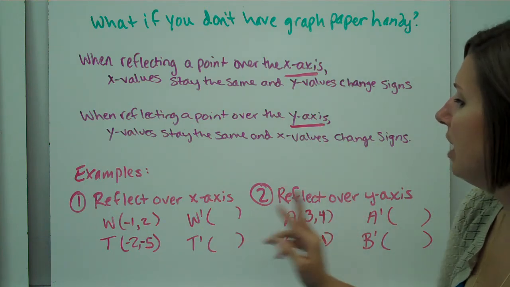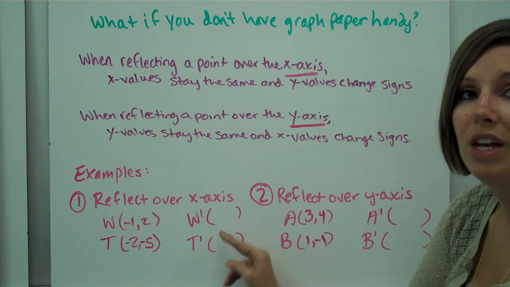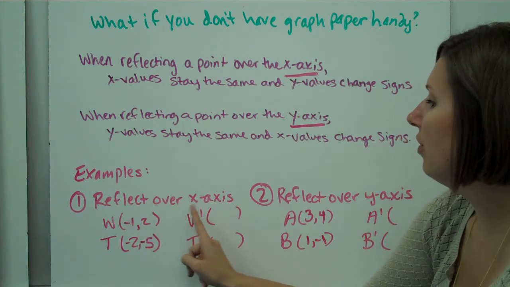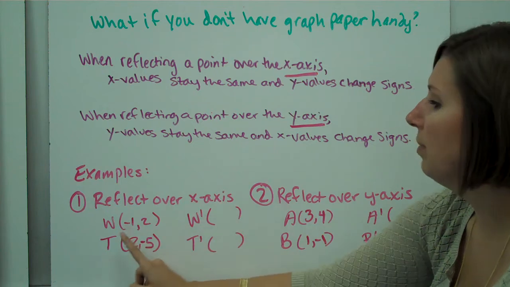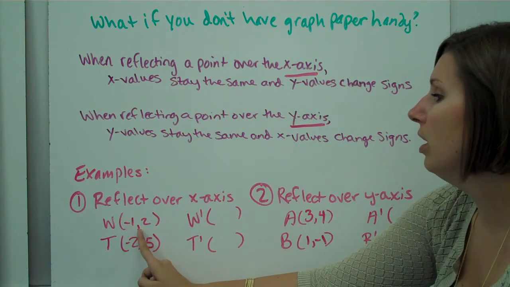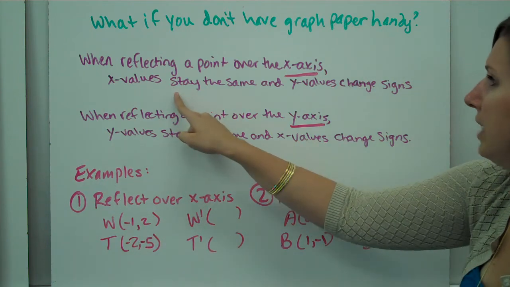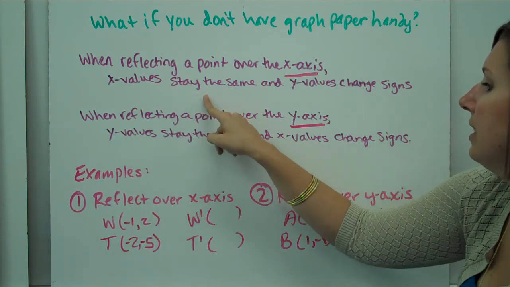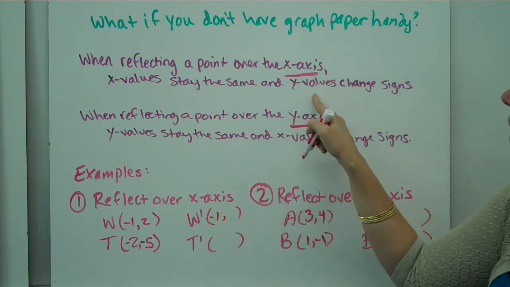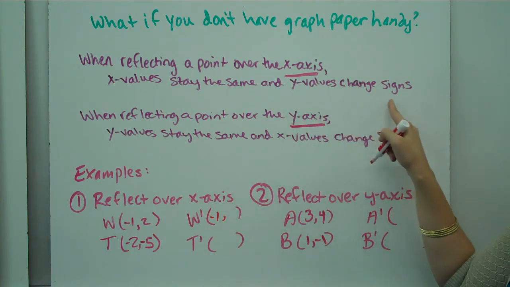So let's do a couple examples. I'll do one point, then you can do the next. I'm going to reflect over the x-axis. I started with this point, W, at -1, +2. Well, my rule says my x value stays the same, so it's still going to be -1, but my y value changes its sign.